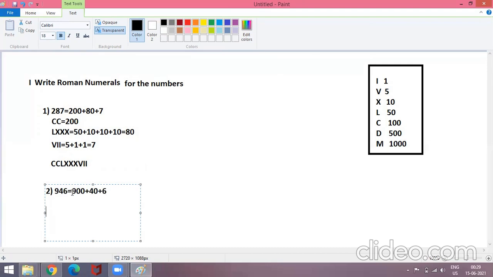It's not possible because C cannot be repeated more than thrice. So the other option is, if we minus 100 from 1000, you will get the answer, right? For the same, this is 1000. If you place the symbol of lesser value before the symbol of greater value, as per rule of subtraction, it will get subtracted. So CM means 900.